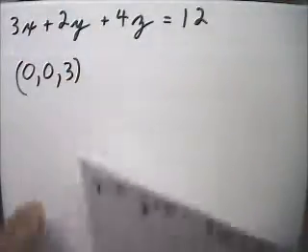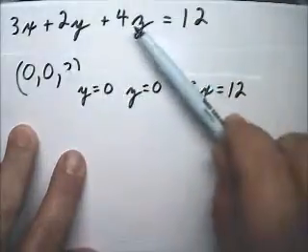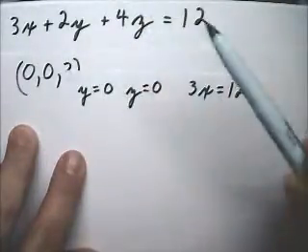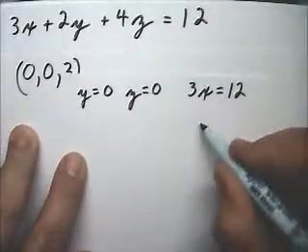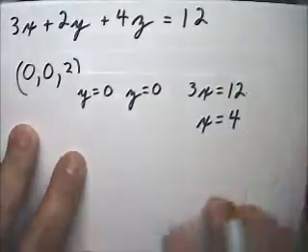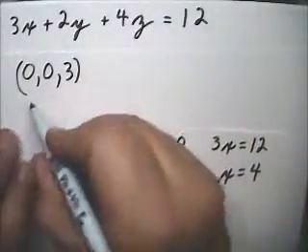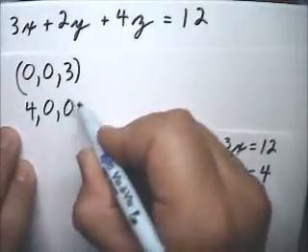And similarly, this time I'm going to let y be 0 and z be 0, and that leaves me with 3x equals 12, or x equals 4. So now I've got the point 4, 0, 0.